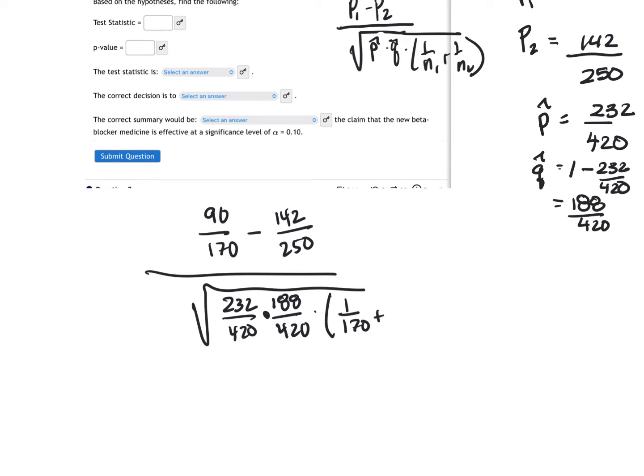Make sure if you do this on your calculator that you use parentheses in the appropriate places so you don't have an order of operation error, which is a pretty common thing to have happen.